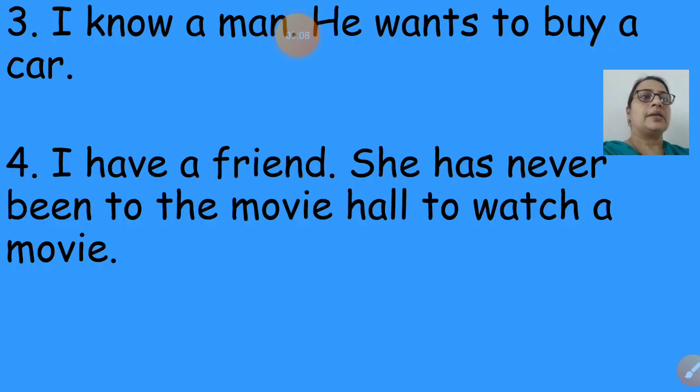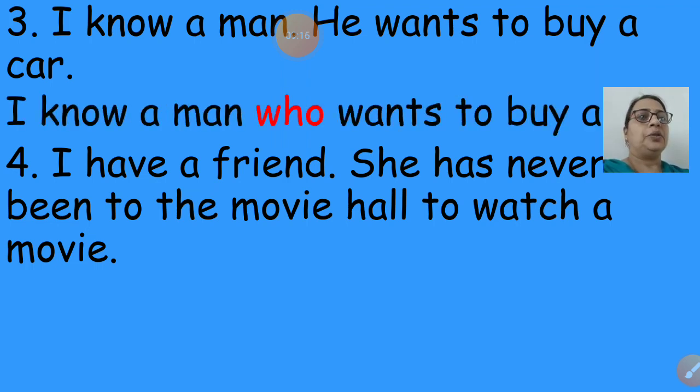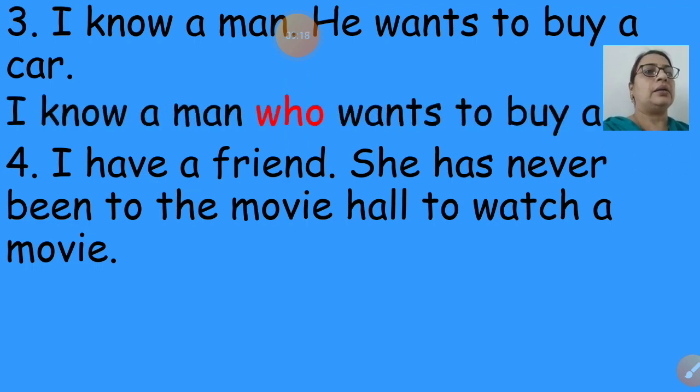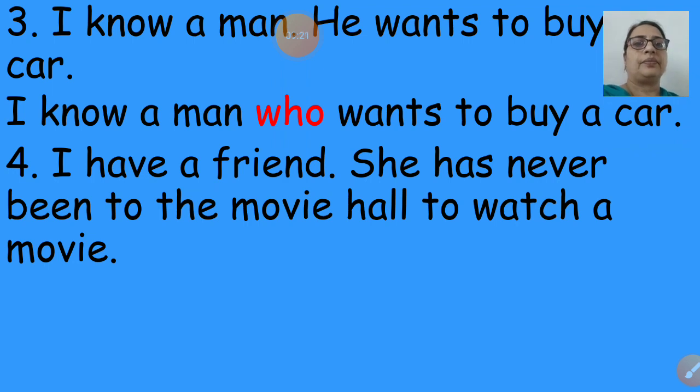Third sentence. I know a man, he wants to buy a car. So our answer will be, I know a man who wants to buy a car. Fourth sentence. I have a friend, she has never been to the movie hall to watch a movie. First sentence is, I have a friend.